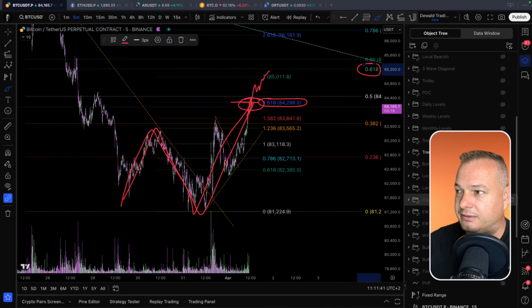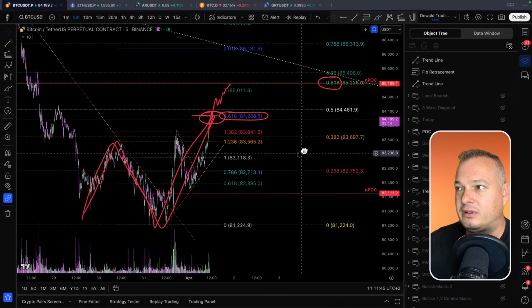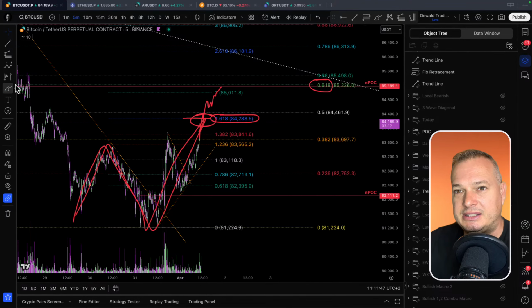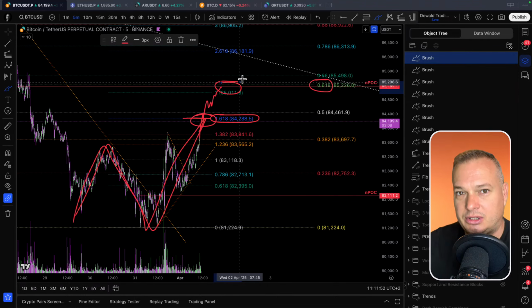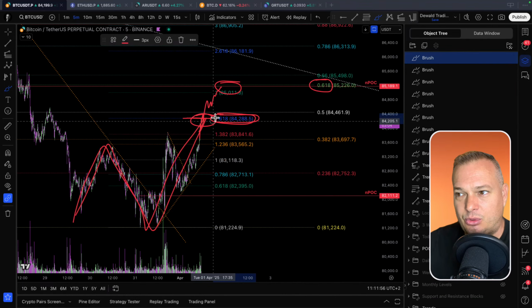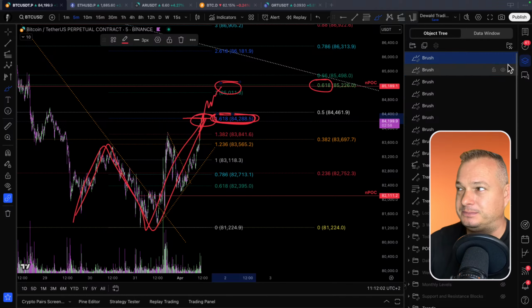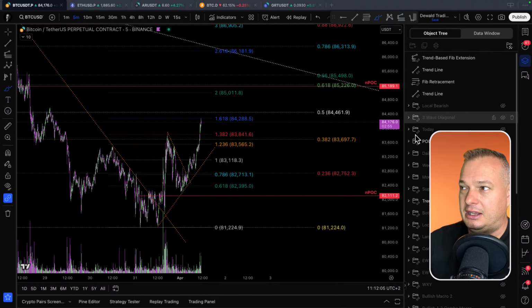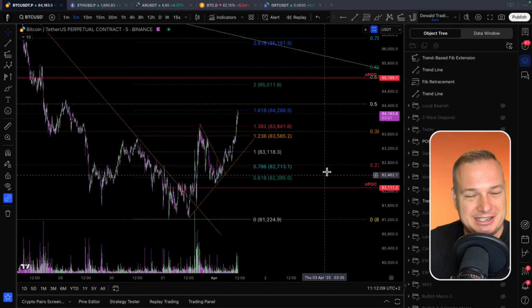We do have a point of control together with the 0.618. This looks like the best technical short to the downside. But we are tapping a trend-based fib extension, which is very important. We all know that 1.618 level. Very important. Right, legends, I've just dived right into the technical analysis.